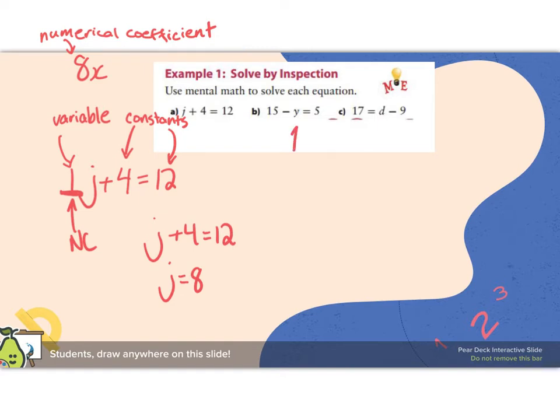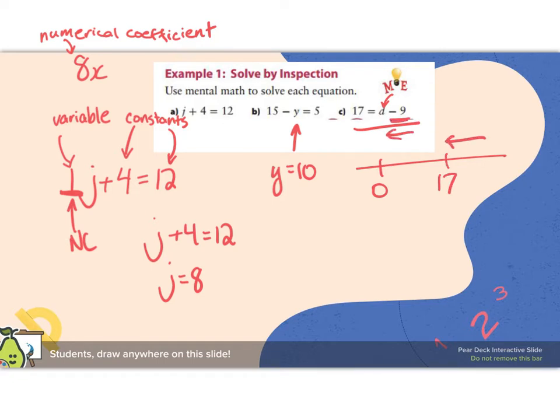In this one over here, that y is my variable. 15 minus some sort of number gets me to 5. So if I'm working backwards, 15 take away 10 would get me to 5. This last one over here tends to be a bit tricky for students, so I think about this in terms of a number line. If the answer is 17, and a letter minus 9 gets me to 17, then minus 9 is going in a left direction on the number line.